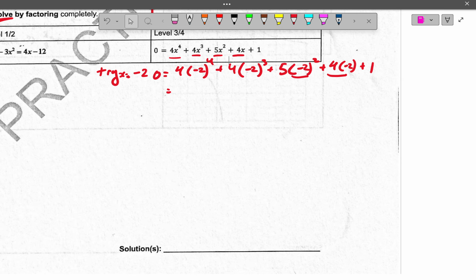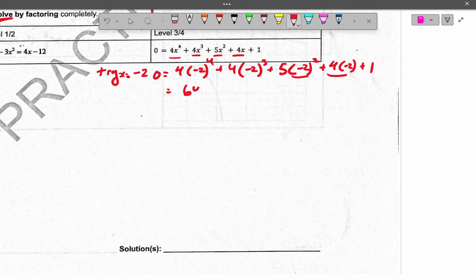So if we try that, 4 times -2 to the 4th power. That's equal to, on my calculator, 16 times 4, which will be 64 for the first term.